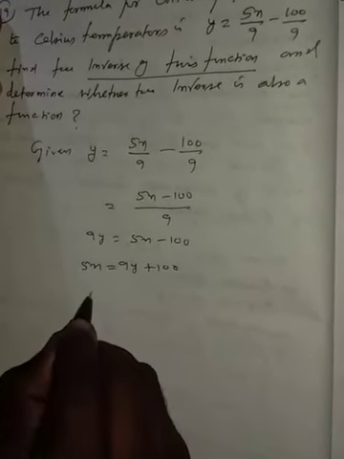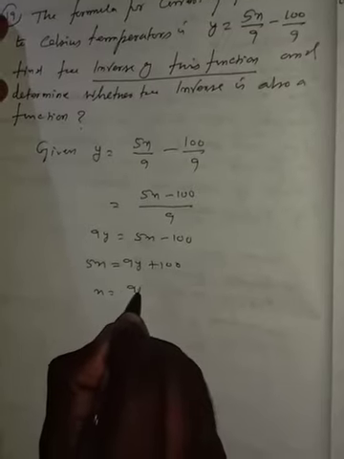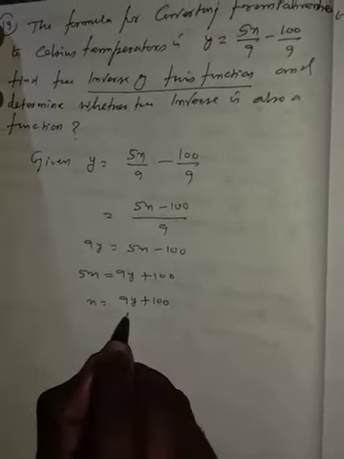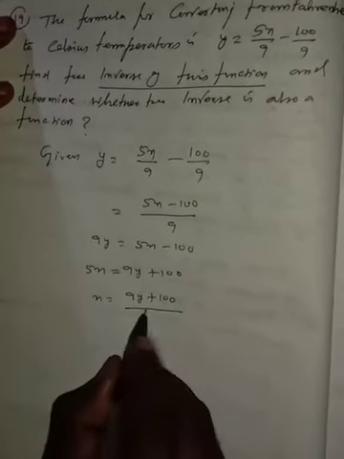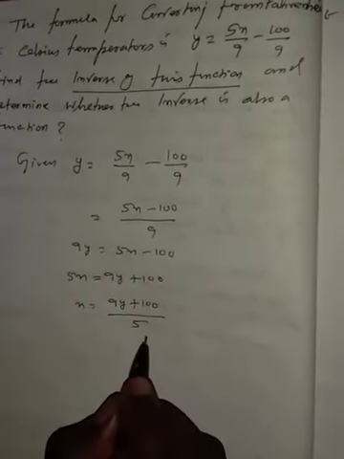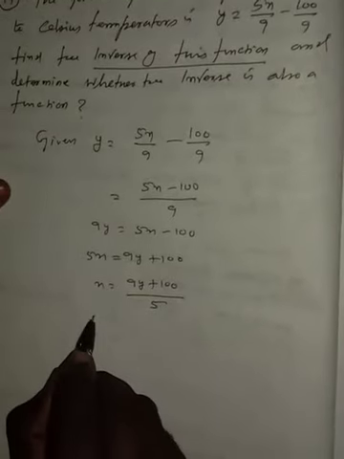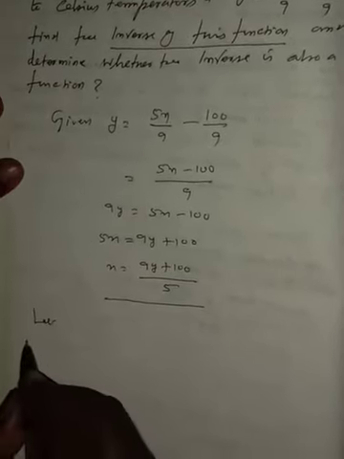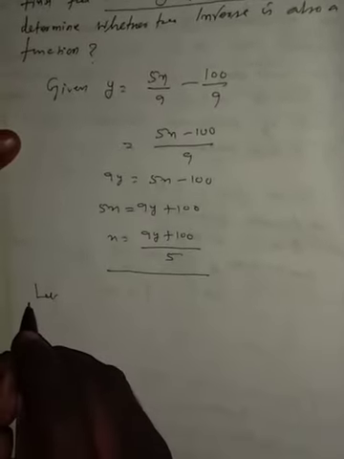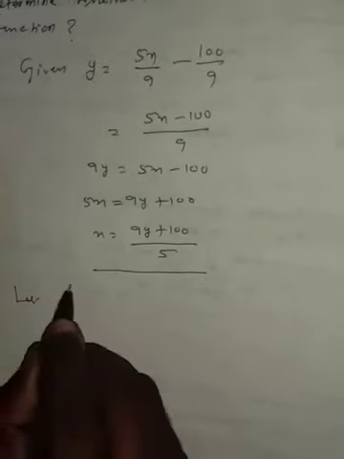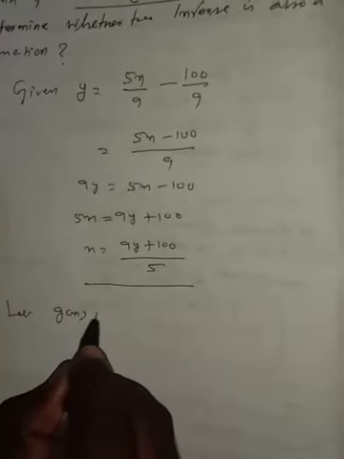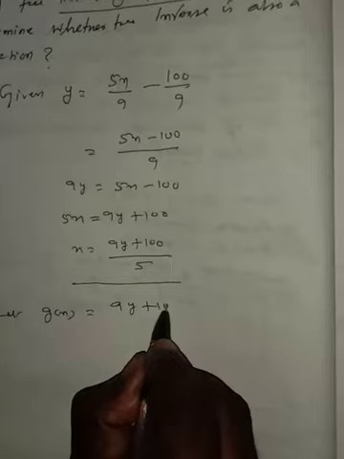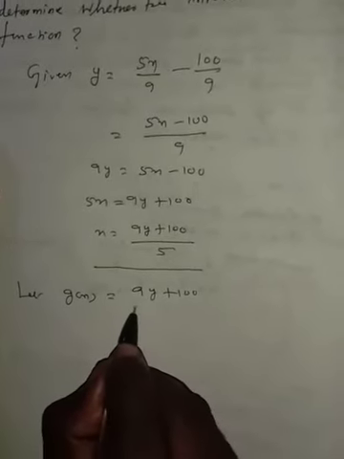Divide by 5 on both sides, we have x is equal to 9y plus 100 divided by 5. This is x.